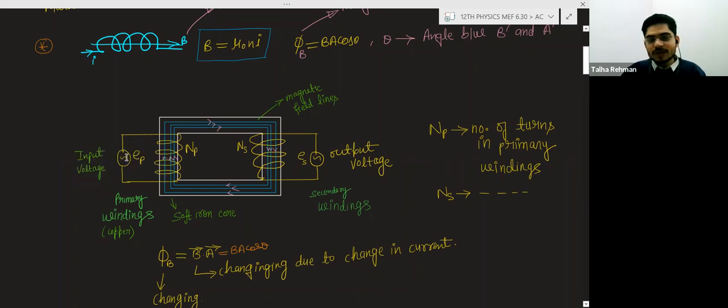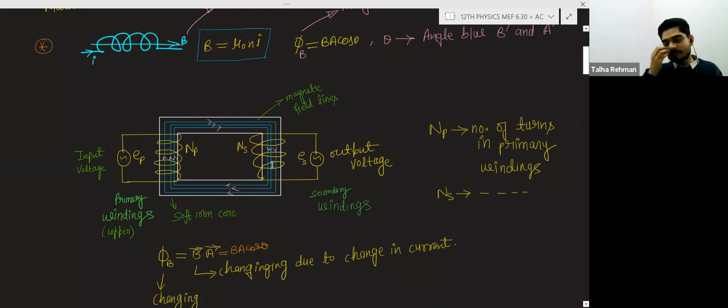Due to the alternating voltage, there will be alternating current, and alternating current means changing current. This current is changing, so the magnetic field due to the primary winding is changing. The same magnetic field lines are going here also, so the magnetic field here is also changing due to the alternating current.